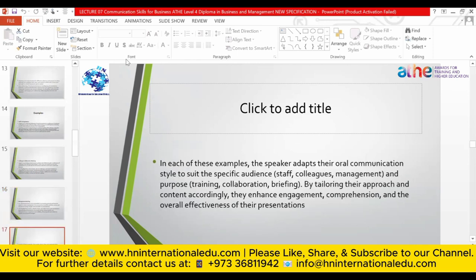In each of these examples, the speaker adapts their oral communication style to suit the specific audience, that is staff, colleagues, management, and purpose: training, collaboration, briefing. So the purpose with staff is to train the other colleagues, the new staff; with colleagues, to collaborate; with management, to brief about something.